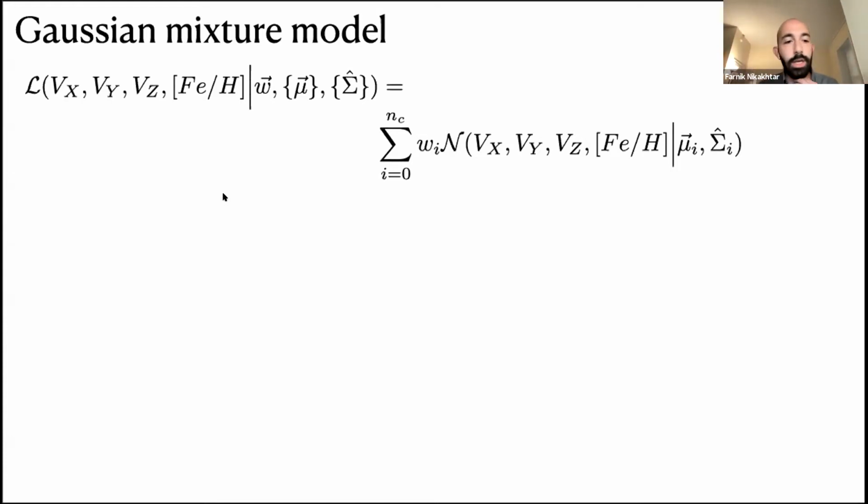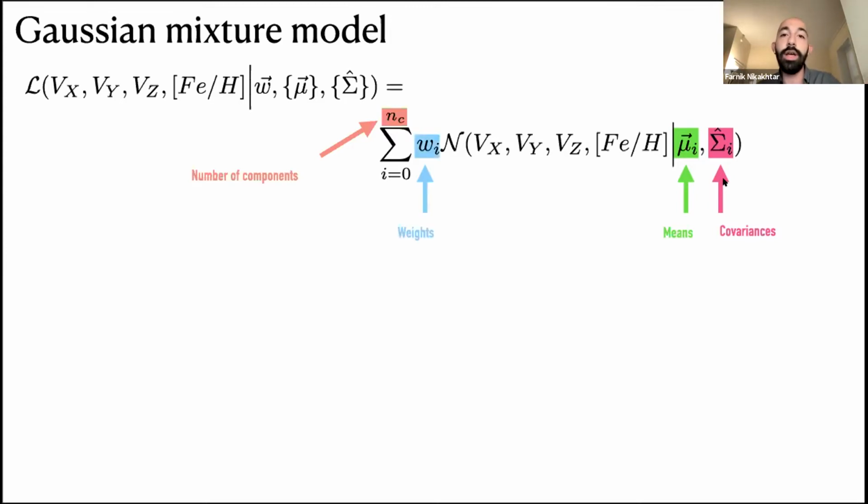In this model, it's a summation over different Gaussian distributions. So we need to set the number of components for this model. We have mean vectors for each component, covariance matrices for each component, and weights for each of these Gaussian distributions.